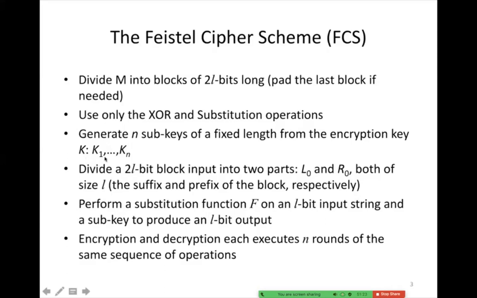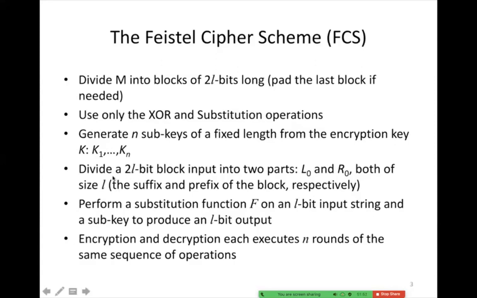So we denote these round keys by k sub 1 up to k sub n. So this means that there are n rounds in FCS. Depending on implementation, this n could be 16, could be 32, right? Could be other numbers depending on your implementation.